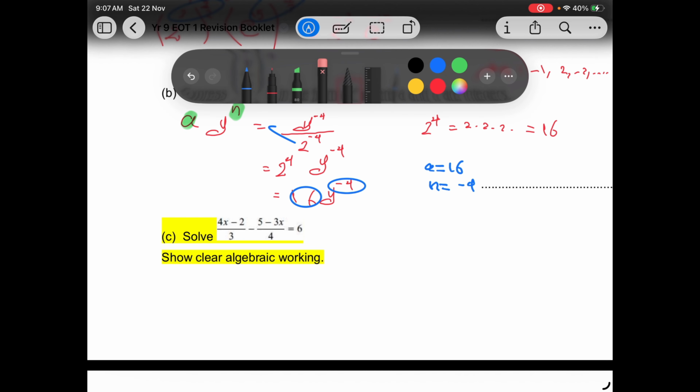So one very nice approach for me, guys, to solve this equation is, we have here 4x minus 2 over 3 and some other term over 4 equals 6 over 1. Allow me to make this 1 here, please.